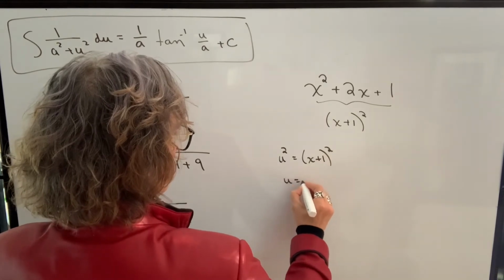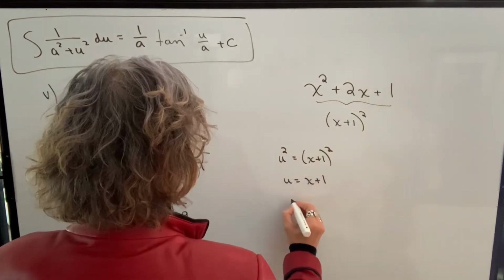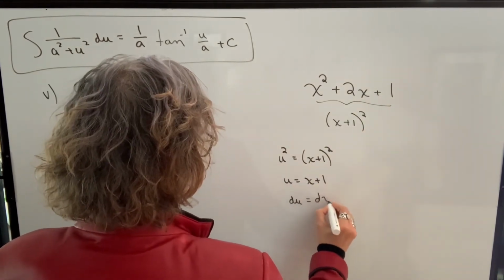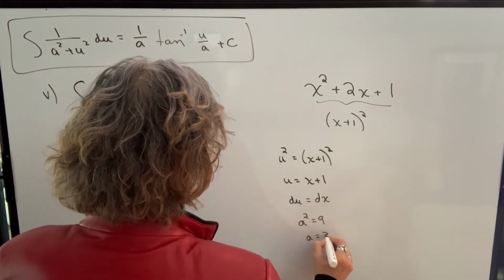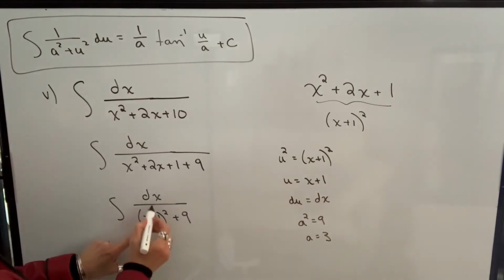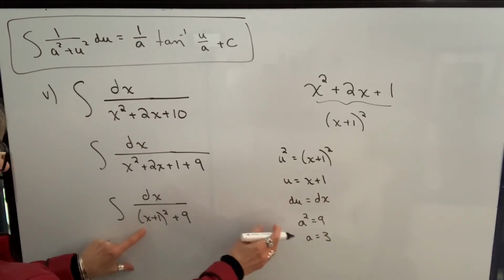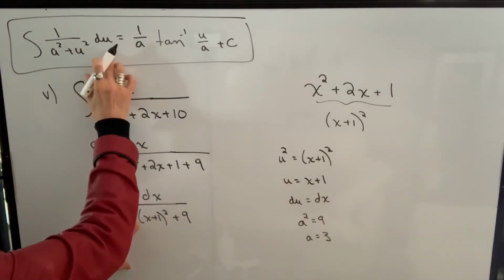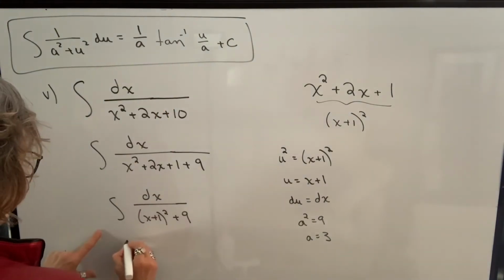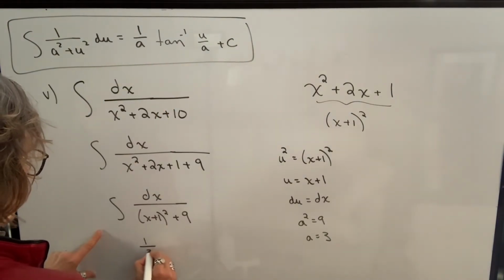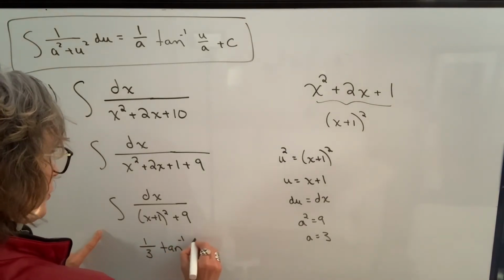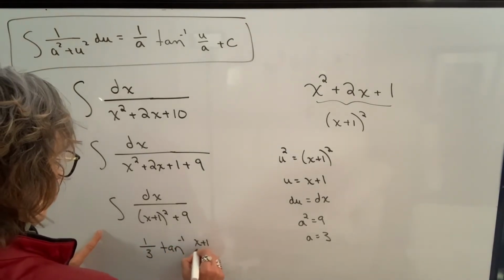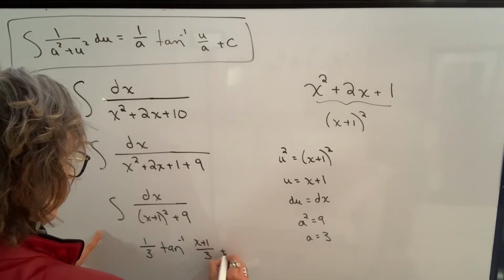So u is x plus 1. Du will be dx. A squared is 9, so a is 3. So we don't need to do any manipulation. We can integrate this according to this pattern. So this integral will be equal to 1 over a, so 1 over 3, times inverse tan of u, which is x plus 1, over a, which is 3, plus c.